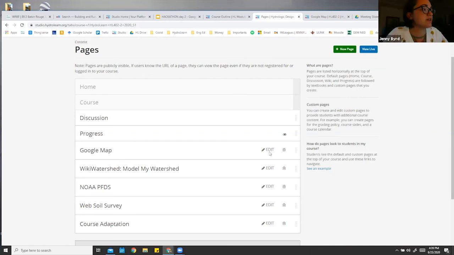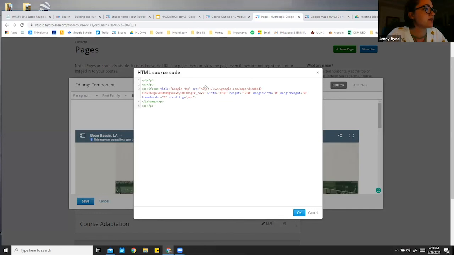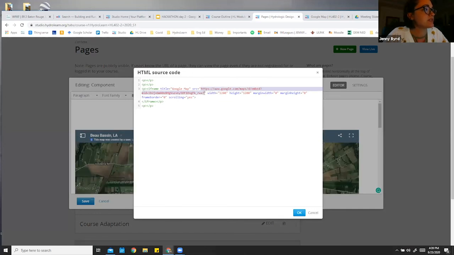Yes, you can do it in an iframe in the same way that I showed you with NOAA PFDS. But you do need to get a specific link from Google My Maps that includes this little embed in it in order for this one to work. You can't just copy the URL from the web browser.